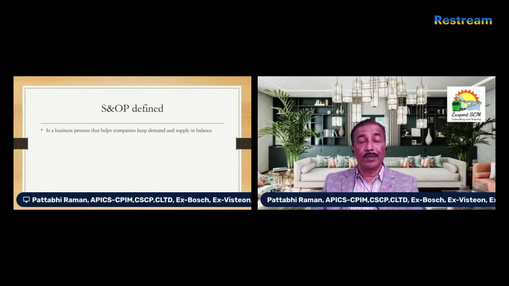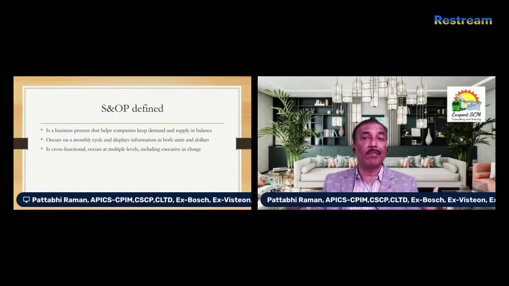Okay, so if you want a basic definition of S&OP, it's a business process that helps companies keep demand and supply in balance, and this usually happens in a monthly cycle. It's a cross-functional team, and occurs at multiple levels.